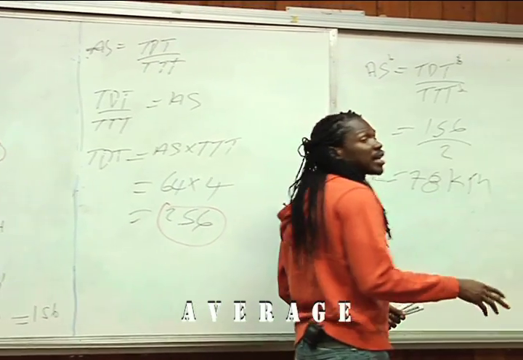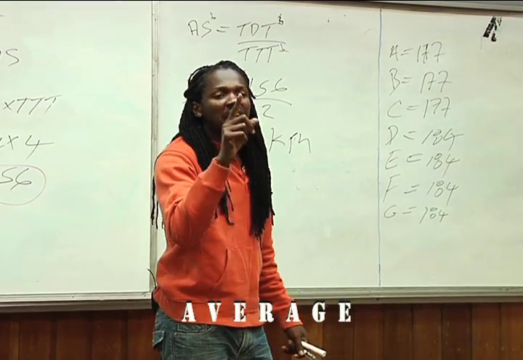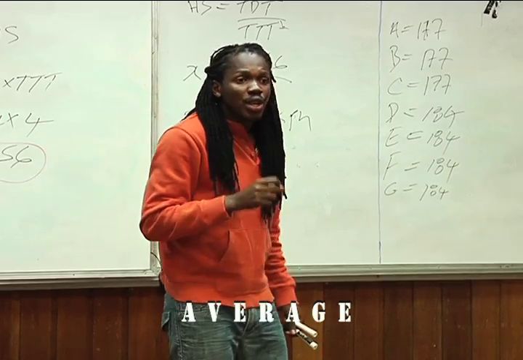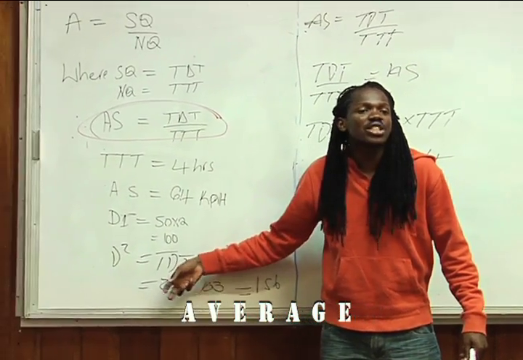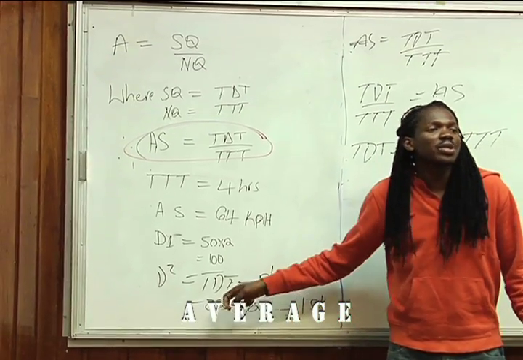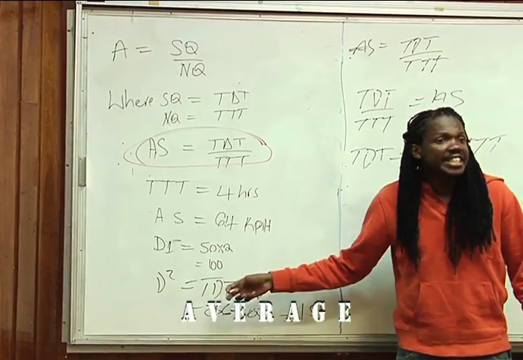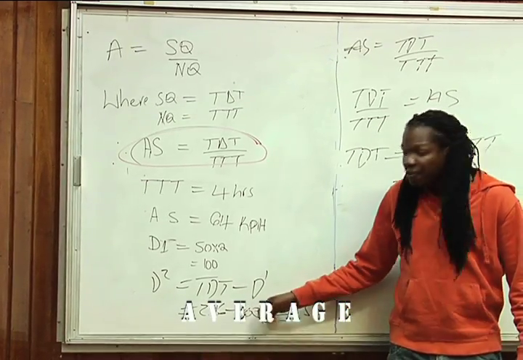So we come now to say, what did the question want to find? What's the average speed of what? Of distance 2. That's why we have to go through all of this to work out what is distance 2. We wanted to know what was TDT for 2. And TDT for 2 is what? 156.